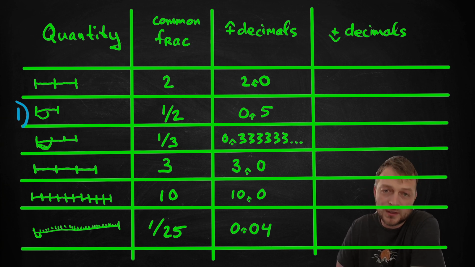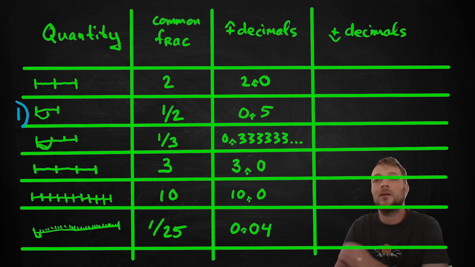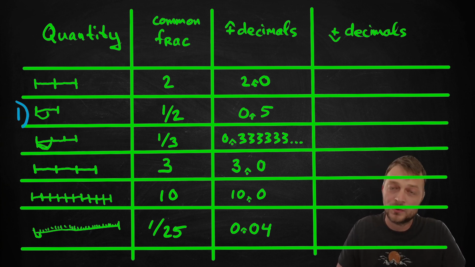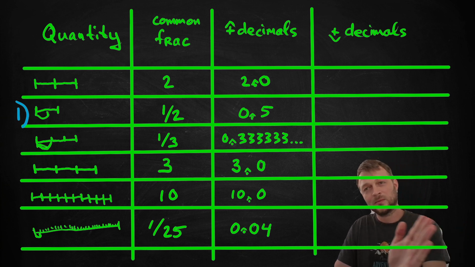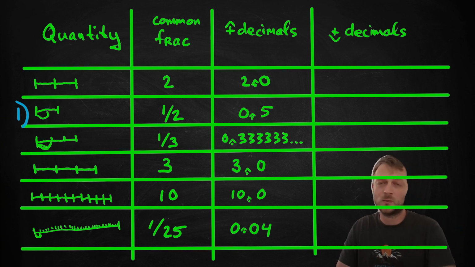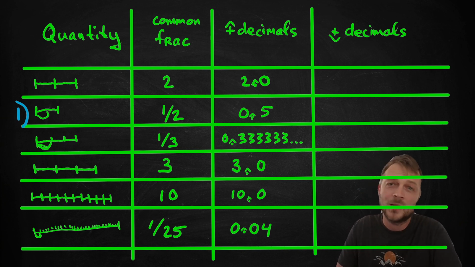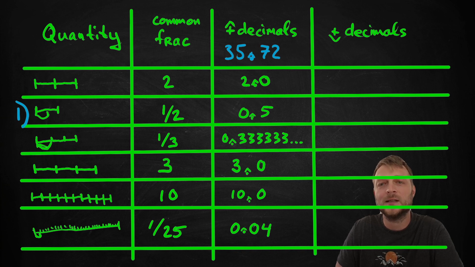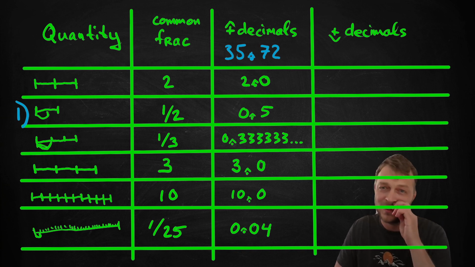So I want to mention, to differentiate two decimal notations. One is for standard decimal, another is for dual decimal. I will use notation dot with a hat on top. So for example, 35.72. That's decimal in standard notation.